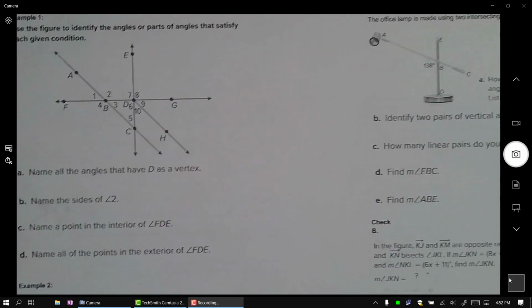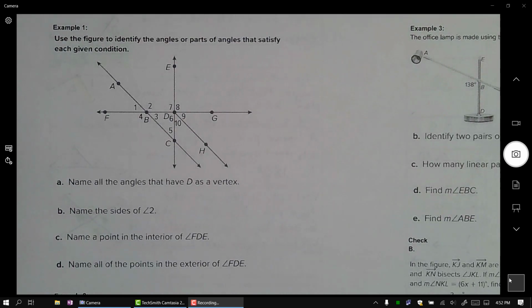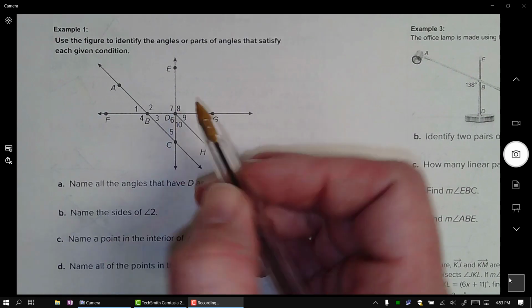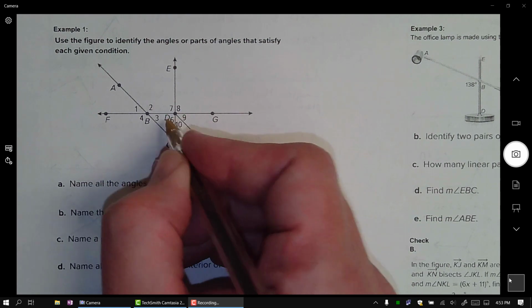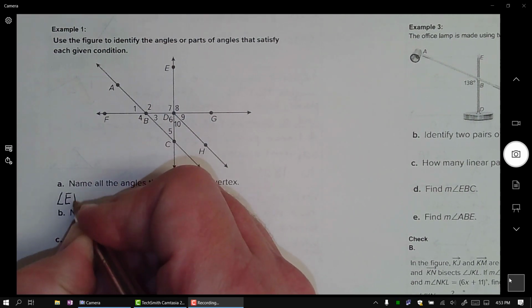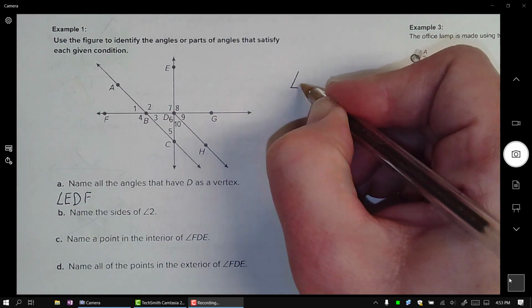So let's take a look at some example problems. So let's take a look at example 1. So we want to identify these different things. So use the figure to identify the angles or pairs of angles that satisfy each of the conditions. So we want to name all the angles that have D as a vertex. So D is right here. So all angles that have D as a vertex, well, we're going to have angle EDF. So this means angle.